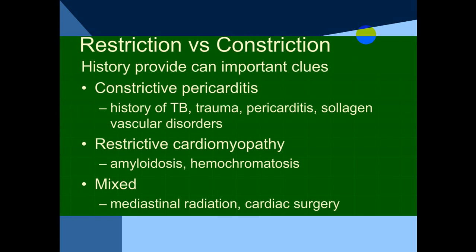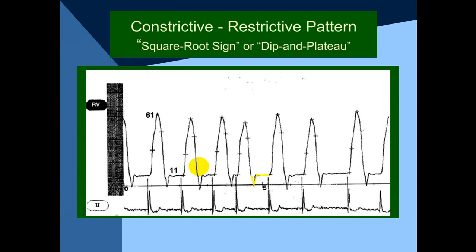Restriction versus constriction: they are similar in clinical presentation, but history can provide important clues. Constrictive pericarditis: history of TB, trauma, pericarditis, collagen vascular disease. Restrictive cardiomyopathy: history of amyloidosis, hemochromatosis, and mixed causes, both, with mediastinal radiation and cardiac surgery.